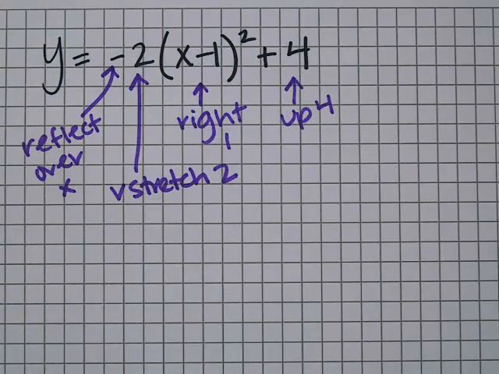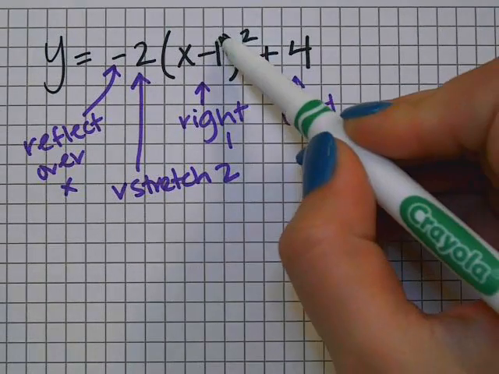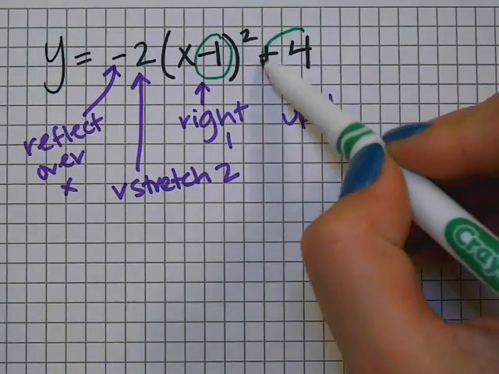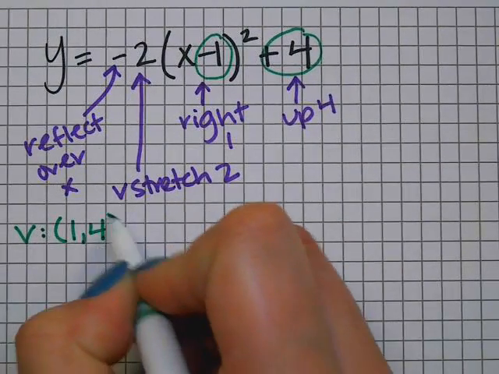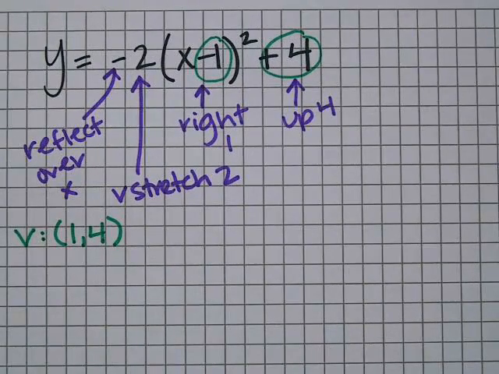We are going to also find the vertex. Anyone remember how to find the vertex? Yeah, positive 1, 4. Okay, so we're going to go ahead and graph this.